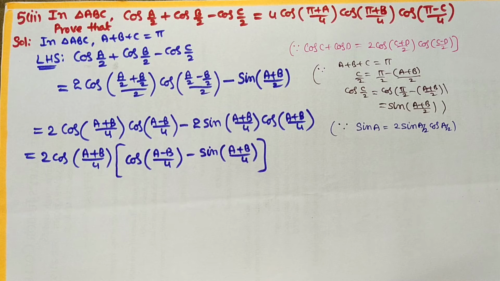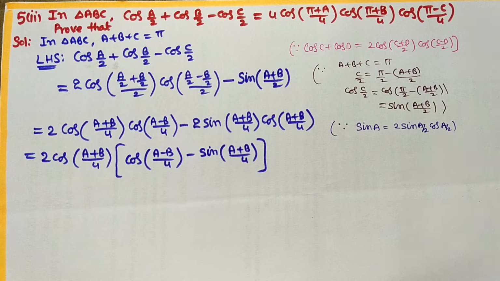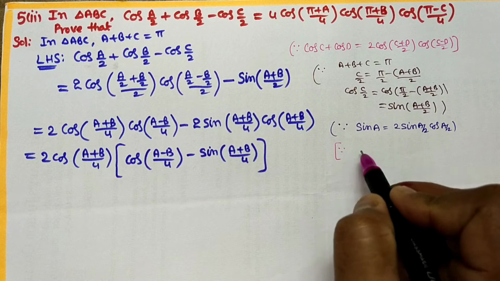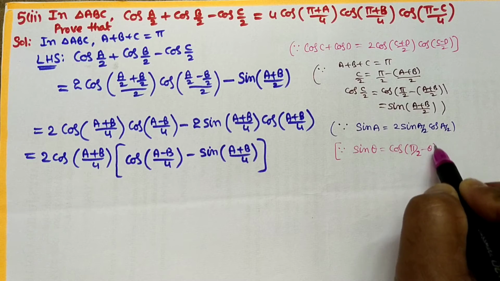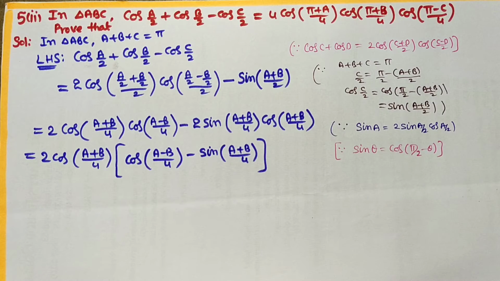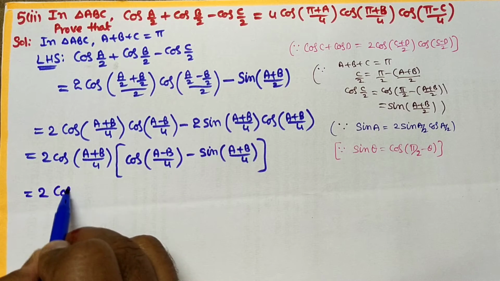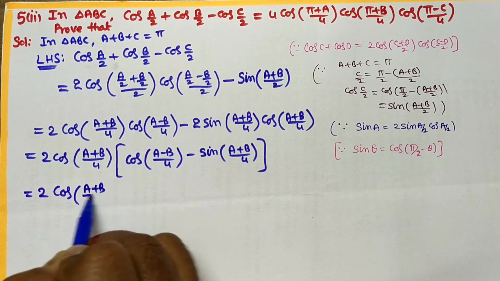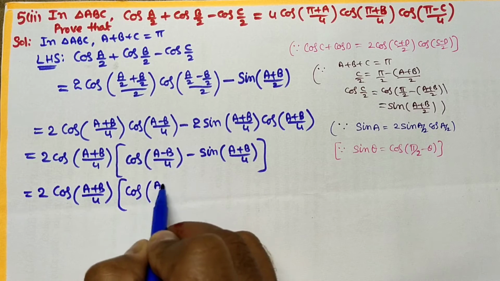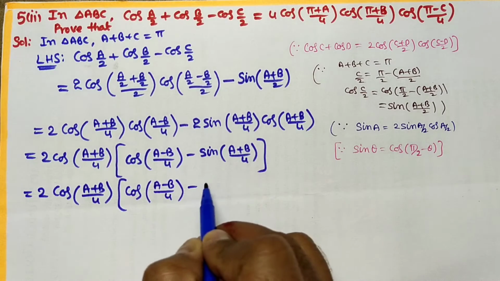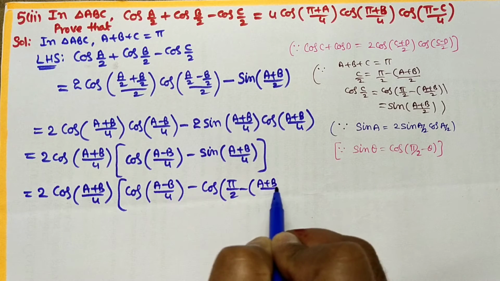Sine theta can be written in terms of cos, as we know cos of (pi by 2 minus theta). So this can be written as cos of (pi by 2 minus (a plus b) by 4). So this is equal to 2 into cos of (a plus b) by 4 into cos of (a minus b) by 4 minus cos of (pi by 2 minus (a plus b) by 4).